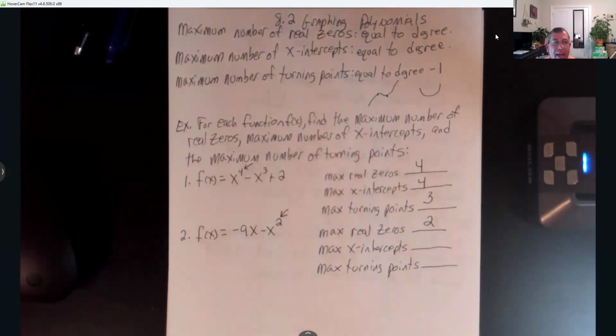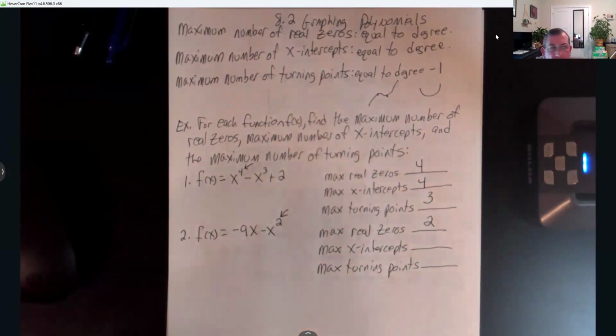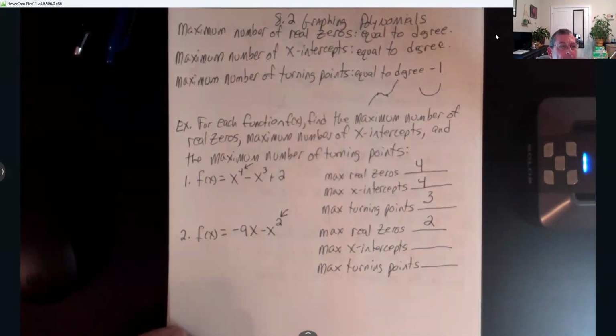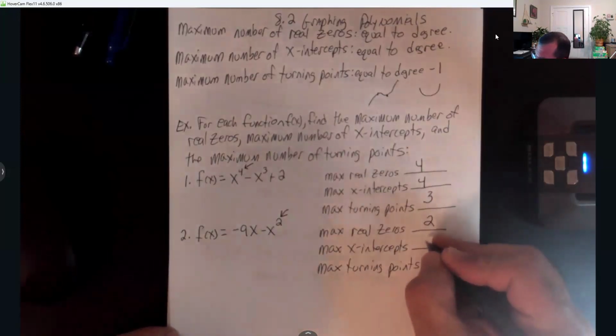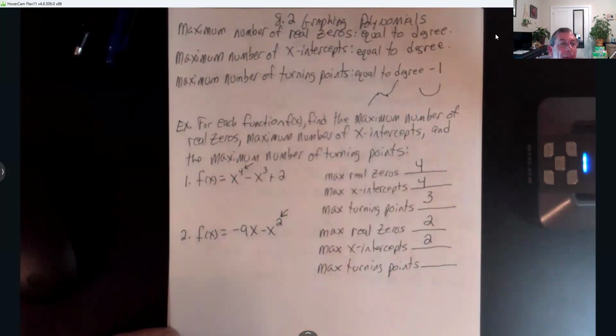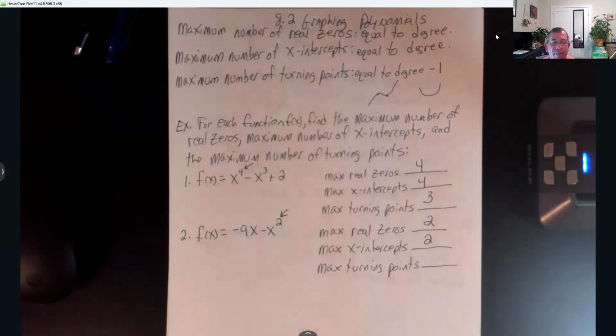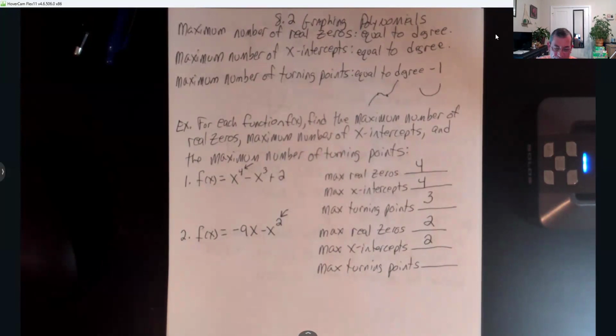All right, y'all, how about the maximum x-intercepts? All right, y'all, so I'm getting a little delay, but it looks like y'all are starting to put a 2 on that. Good job. So the final question, maximum number of turning points.